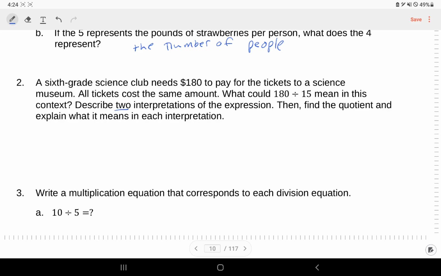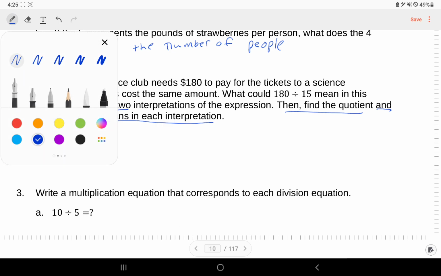Describe two interpretations of the expression, then find the quotient, answer, and explain what it means in each interpretation. Okay, so we have to do 5 different things here. We have to describe 2 things, find the answer, and then explain it for both of the descriptions.